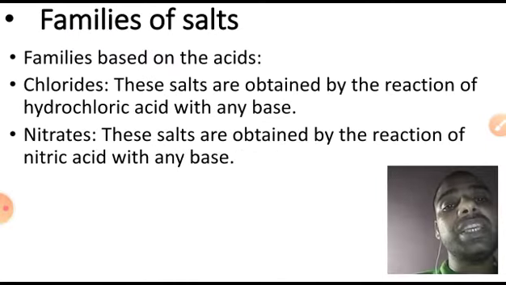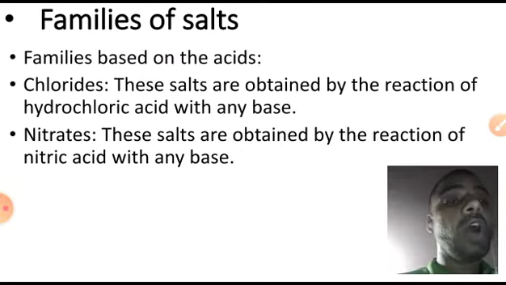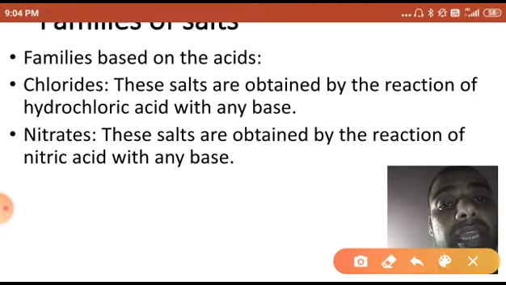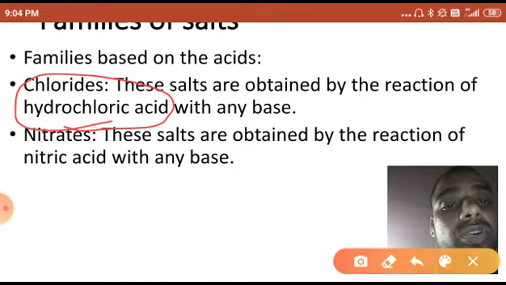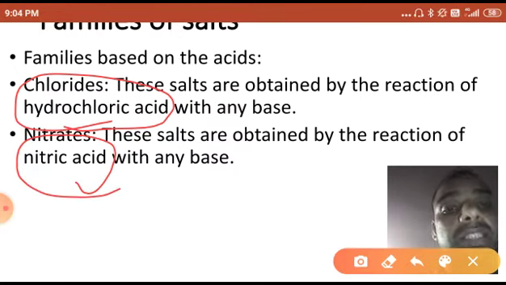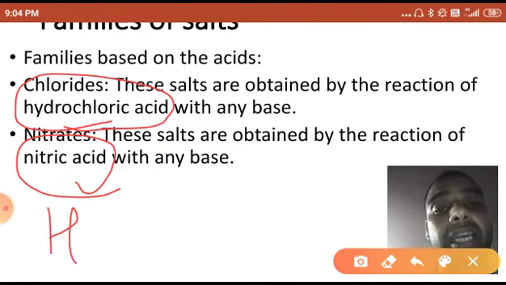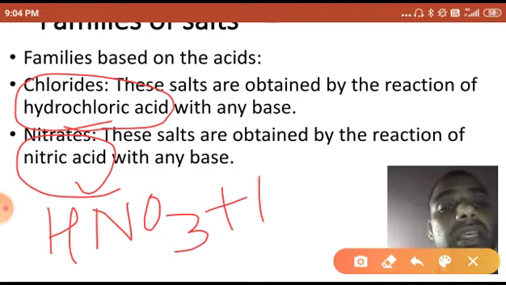Now the next one is the nitrate family. How will the nitrate family be prepared? You should know this thing. Here hydrochloric acid was common, here nitric acid is common. Nitric acid with any base. So I will write nitric acid HNO3 plus base NaOH.